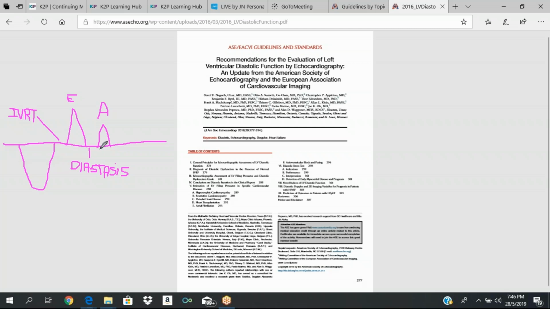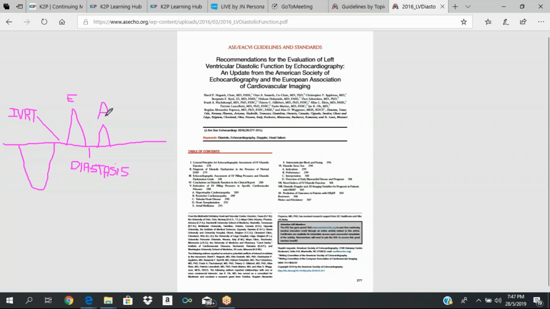In addition to these parameters, if you remember when we talked about tissue Doppler imaging, we look at the medial and the lateral mitral annulus. When the heart contracts, the base of the heart moves up towards the apex.